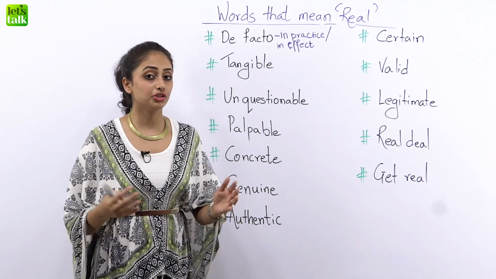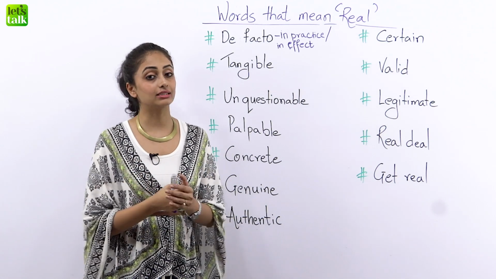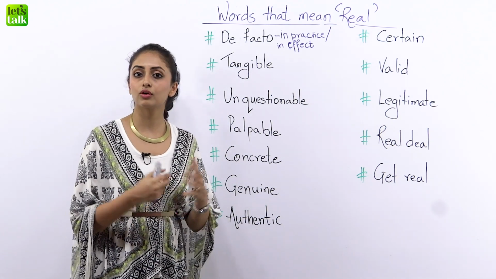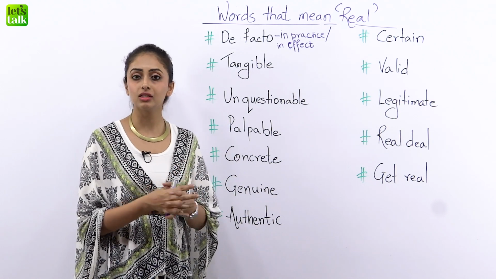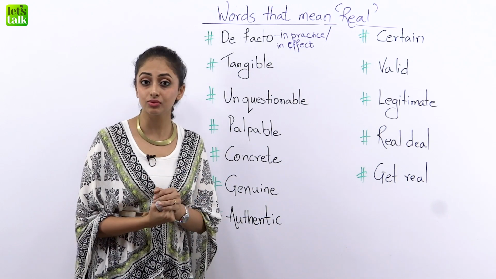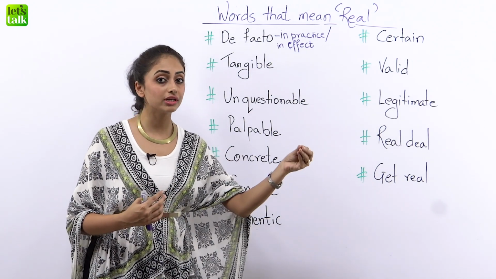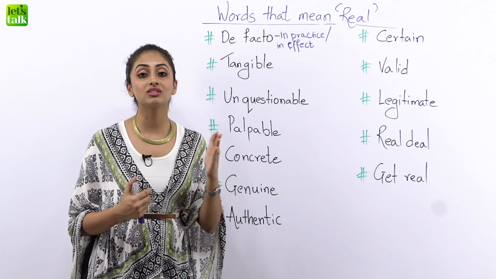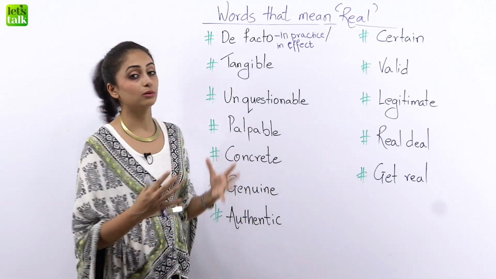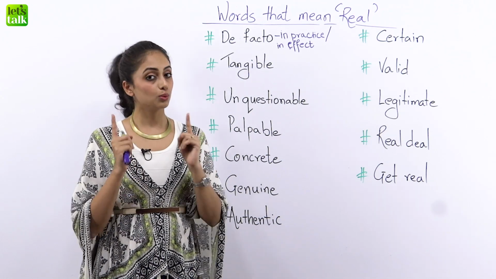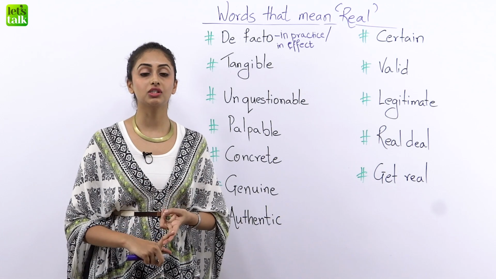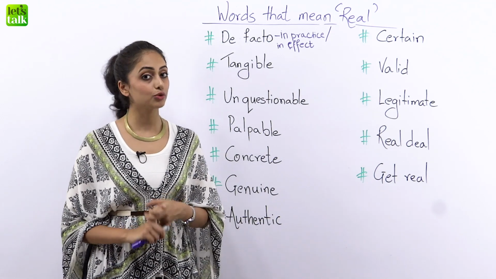Well, your training schedules can be de facto in practice, in effect. Your probably computer languages or the coding that you're doing for your offices could be de facto and in working, and which is currently in process right now, which is being used right now. Laws can be de facto as well, which are in effect, which are in practice. Would you remember this? De facto for things and situations which are in effect or in practice.